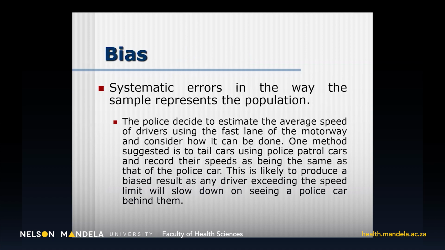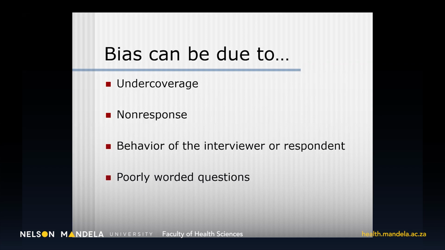That's what bias will be. Now, bias can be due to, let's think about it, under coverage. In other words, your sample is not representative of the population.